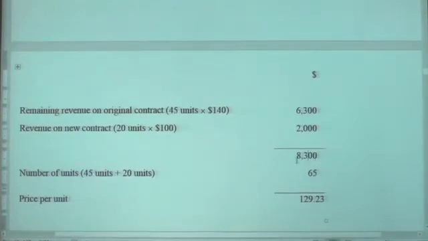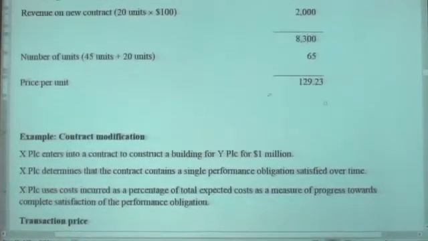Once you divide it by 65 units, the average price per unit is 129. Therefore, from the 56th unit, since you already delivered 55 units, you need to deliver a further 65 units including the additional 20, right? The average price would be 129.23. The reason is this is not considered a separate contract, since the 100 price is not an independent price. Is that clear?